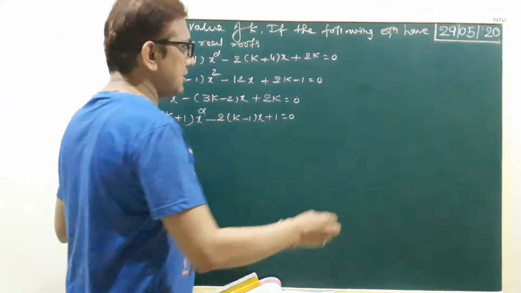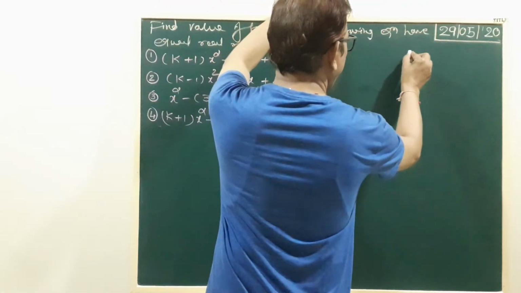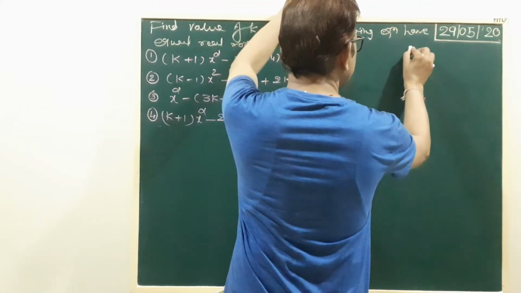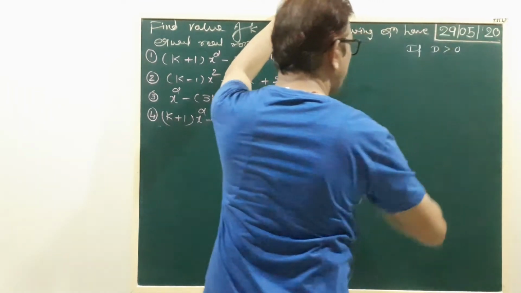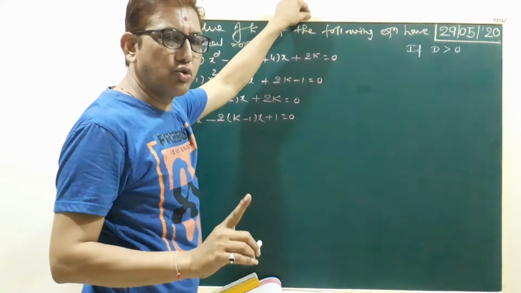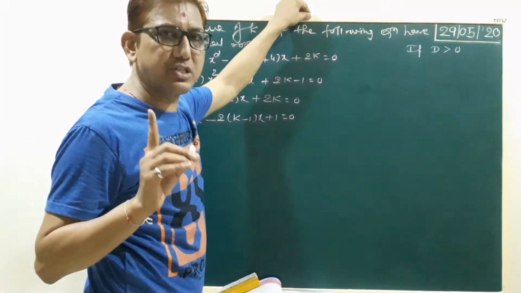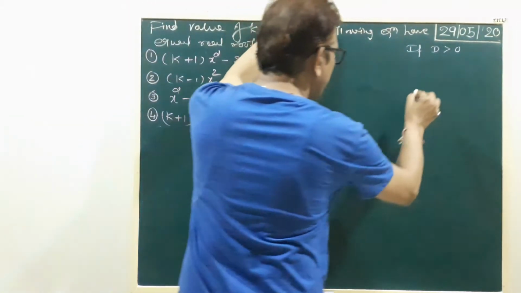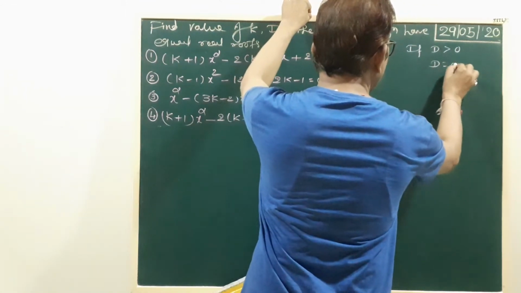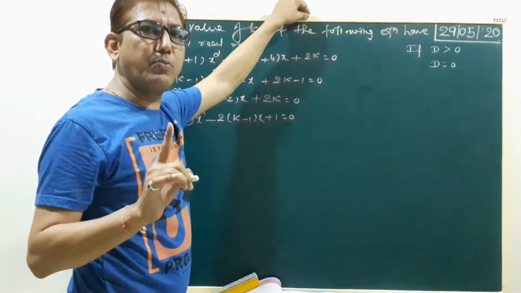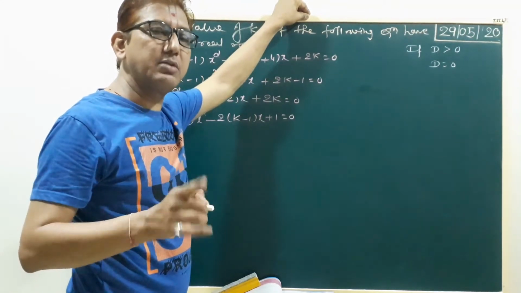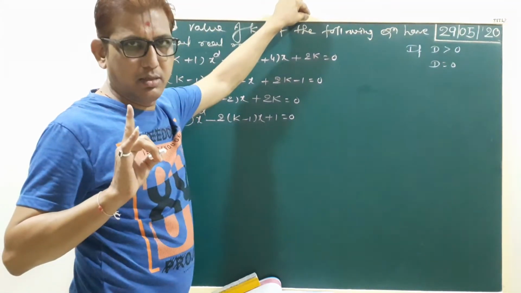We repeat this general formula. We discuss these 3 points. If the discriminant is greater than 0, then 2 distinct real roots are possible. If D equals 0, then only 1 root is possible, that means 2 roots, but both are equal.